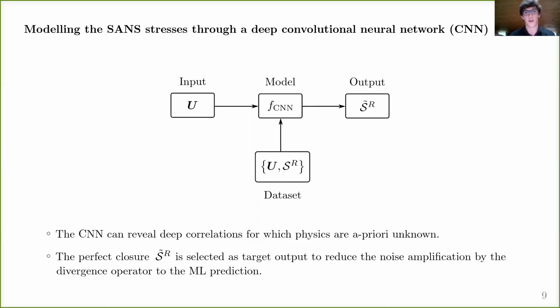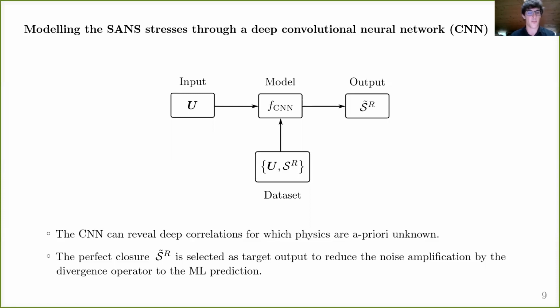In this sense, we selected convolutional neural networks because they have some intrinsic properties such as translation invariance, which are very advantageous for our model. So basically, whatever feature of this mapping from resolved quantities to spanwise fluctuations it finds can be applied to any point in the domain because of the translation invariance.